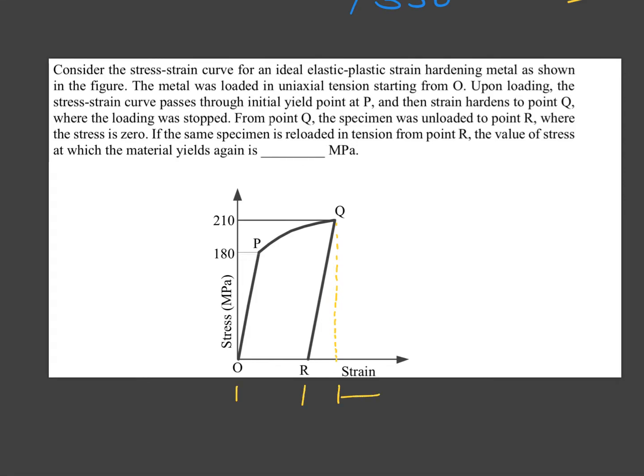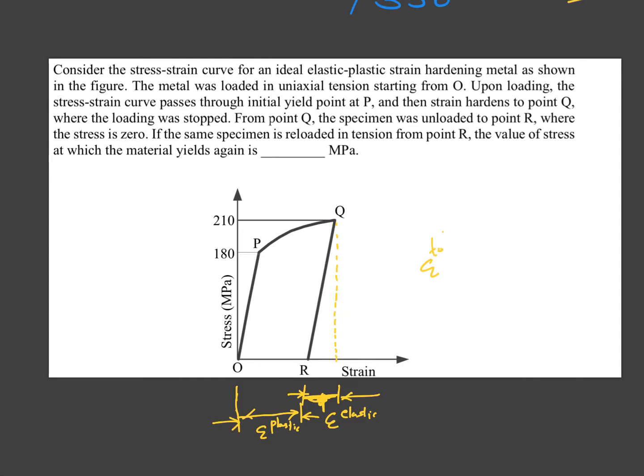See, the strain can be decomposed into two components at this point. This is your elastic strain, which is recovered. But this is your epsilon plastic, which is not getting recovered.